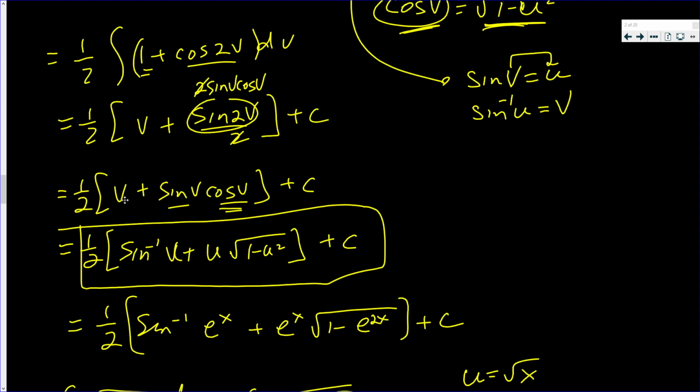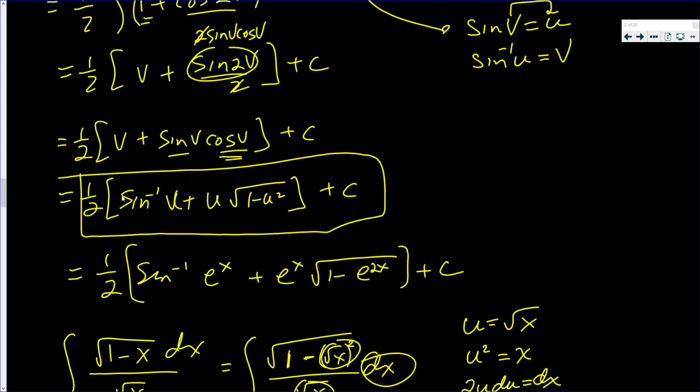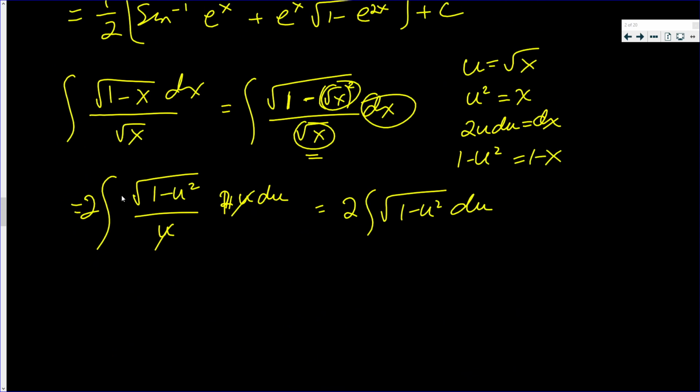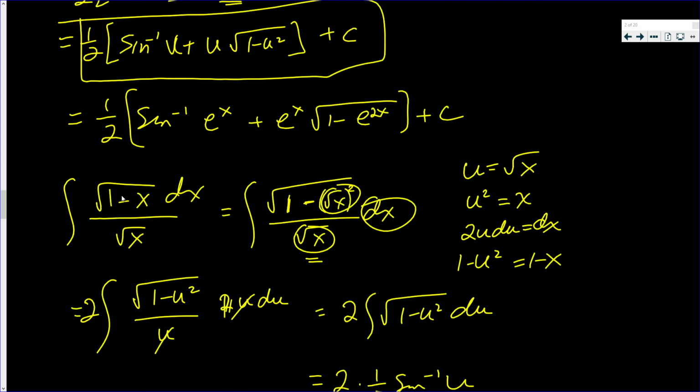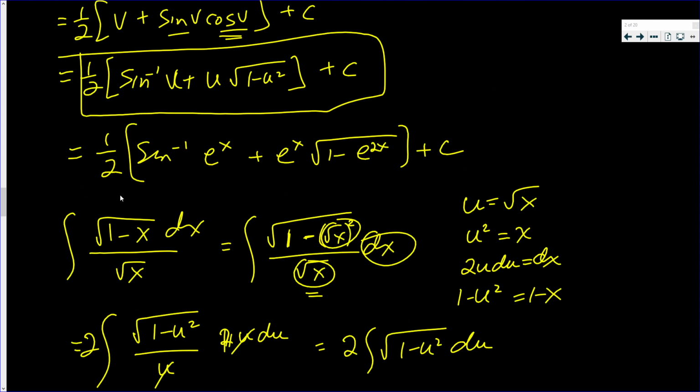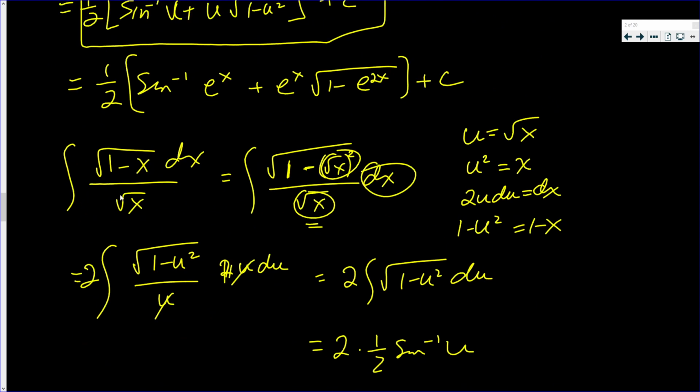It became 1/2 sine inverse of u, etc. So there's the 2, and it became 1/2 the sine inverse of u plus u times the square root of 1 minus u squared plus c.